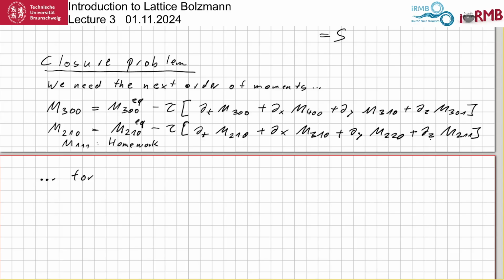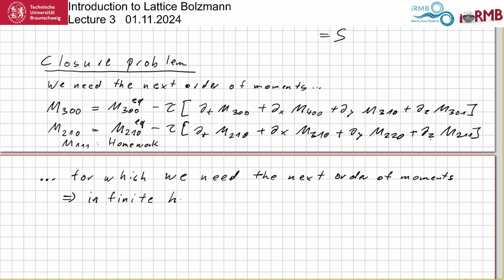For which we need the next order of moments. So we are always needing more moments. So we have an infinite hierarchy. So, do we get stuck? How to stop this?